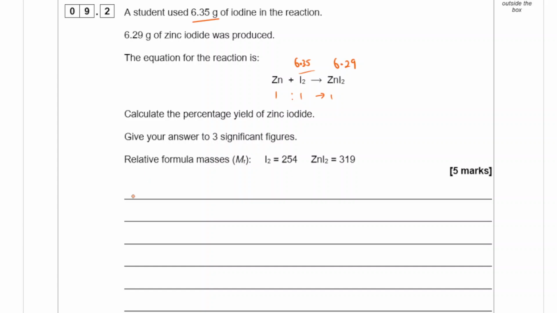So moles of iodine is 6.35 divided by the mass 254, which will give me 0.025 moles, which means 0.025 moles of zinc iodide should be produced.